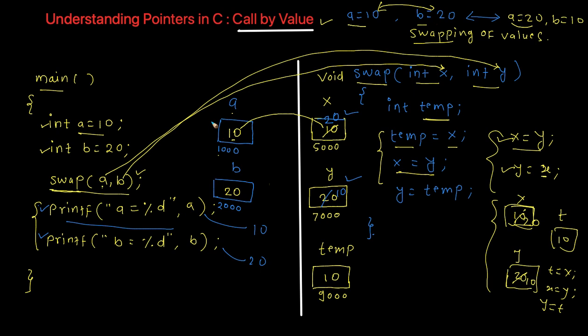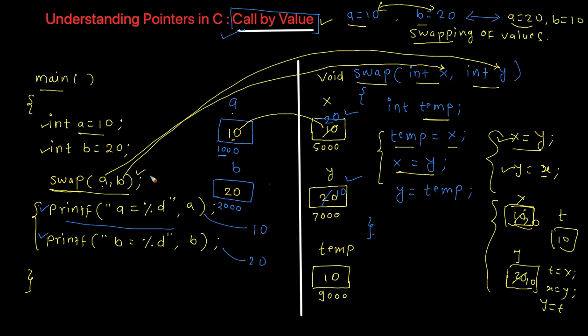The original is not changed. And this is because we pass the variables by value. We pass these values and we created the copies here, right? So this is the drawback of call by value. We are not able to change the original variables when we do call by value. So in order to make changes to the original, we have to pass the references.